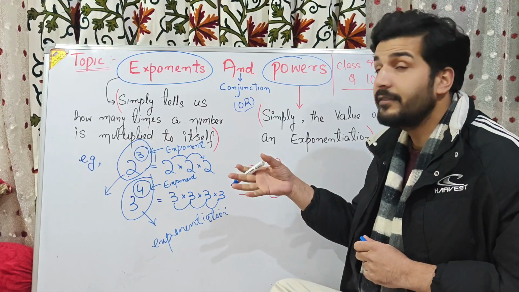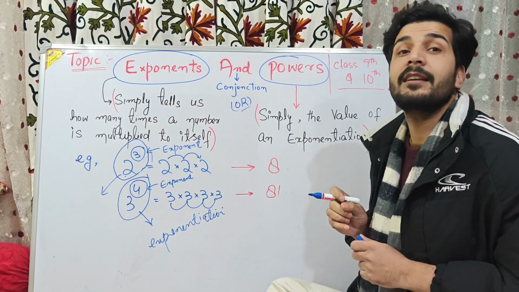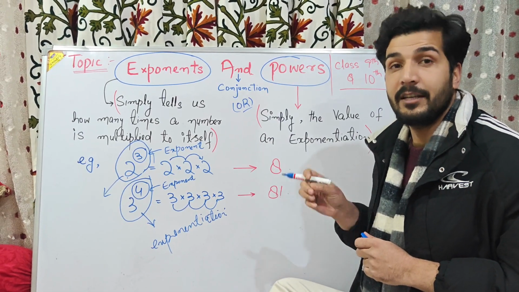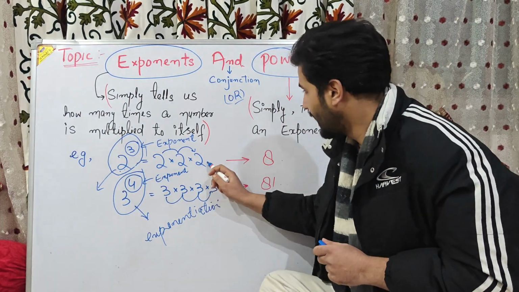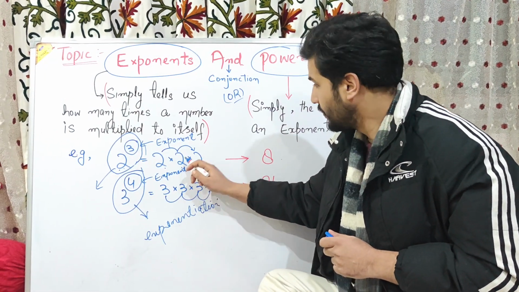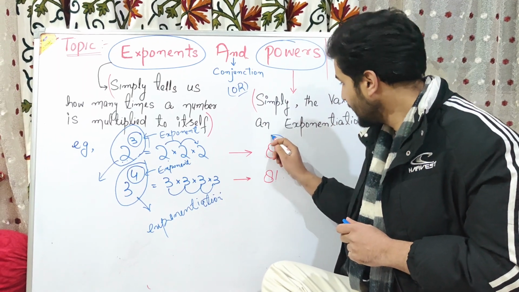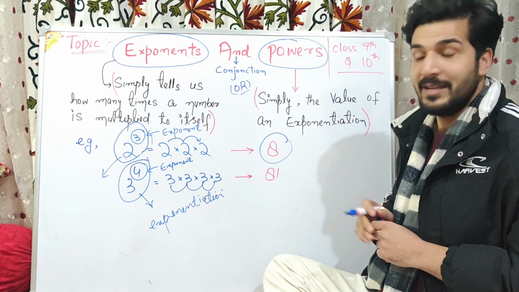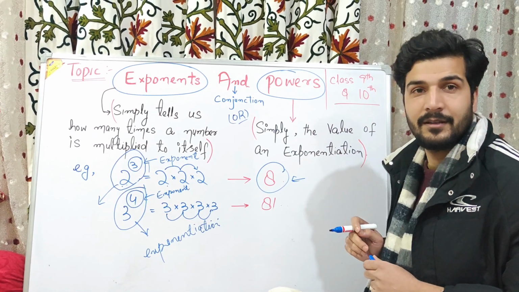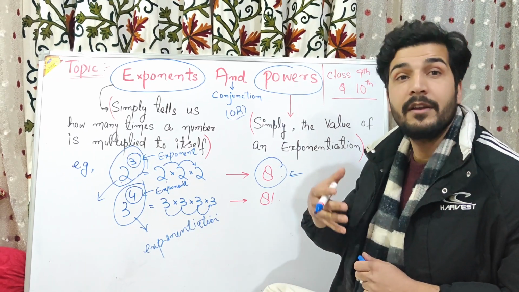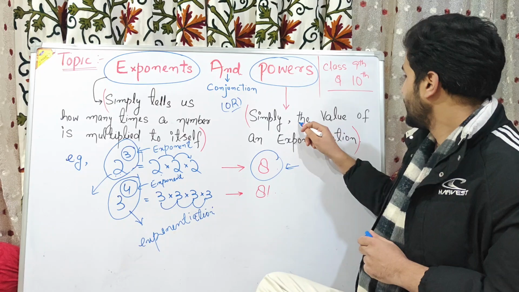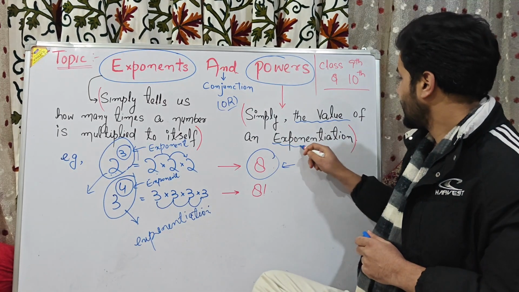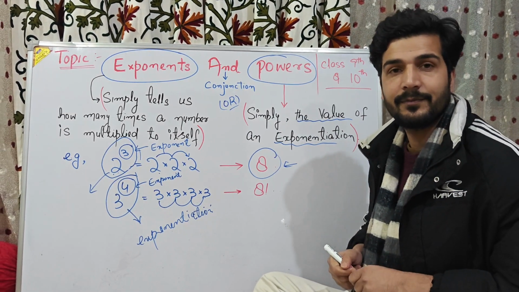We call the value of the exponentiation the power. So whenever you multiply 2 three times, what is the value? 2 twos are 4 and 4 twos are 8. So this 8 is the power here. From power, we mean that it is the value of the exponentiation. Power is simply the value of exponentiation.